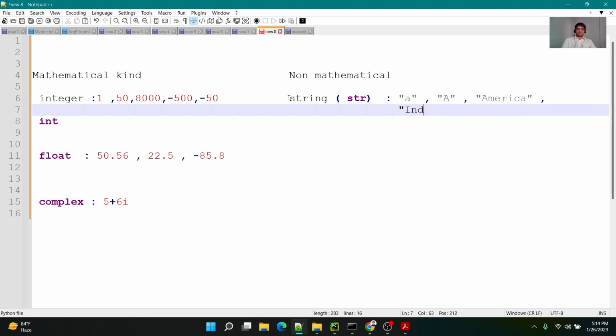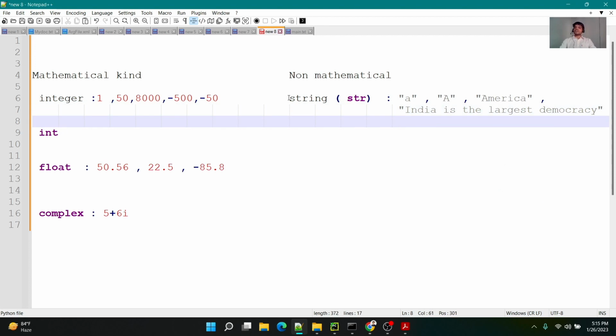Say I can write India is the largest democracy. Not just this, a string is not only a character or a word, or just a sequence of words. A string can contain even numbers, and not just numbers, mind you, it can even contain special characters like these symbols which you would have come across many times.